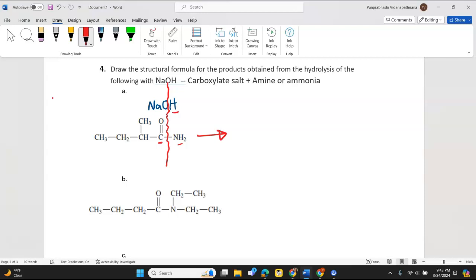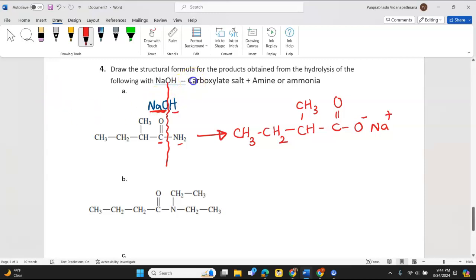So as a shortcut, you just draw the carboxylic acid fragment just like you see here, and then the carbonyl carbon is there, and then add this ONa. So this O negative and Na positive. So this is the sodium salt of the carboxylic acid, or we call this the carboxylate salt.